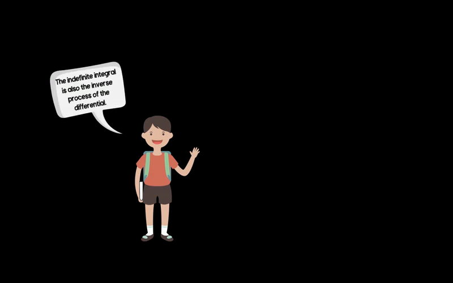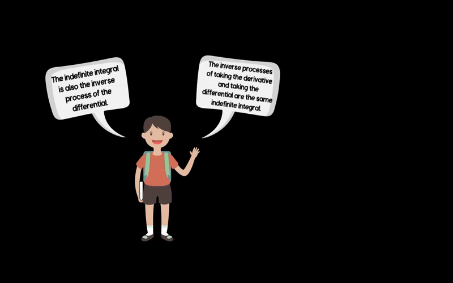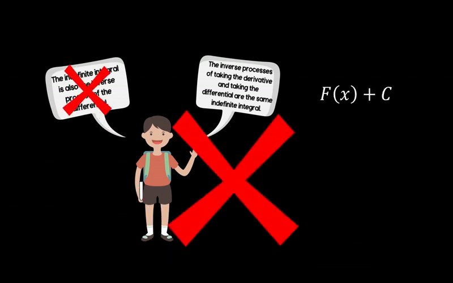Someone may say that the indefinite integral is also the inverse process of the differential, so that the inverse processes of taking the derivative and taking the differential are the same indefinite integral, namely f(x) plus c. This is wrong.